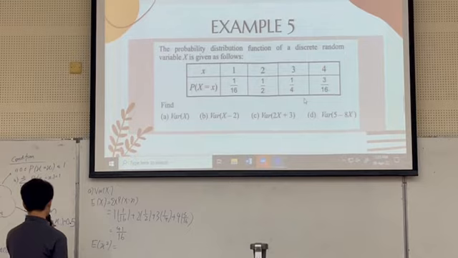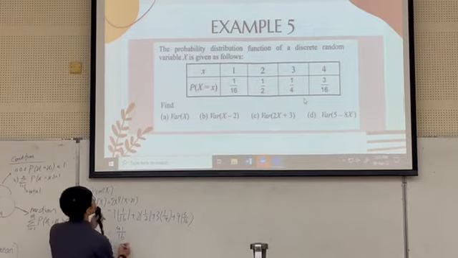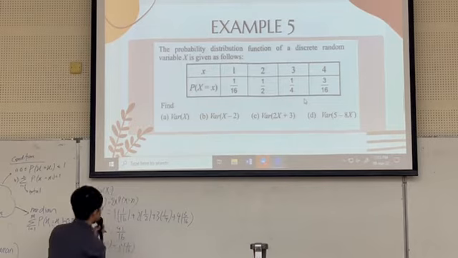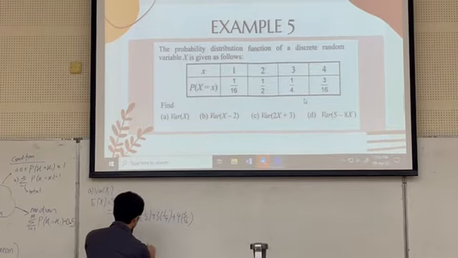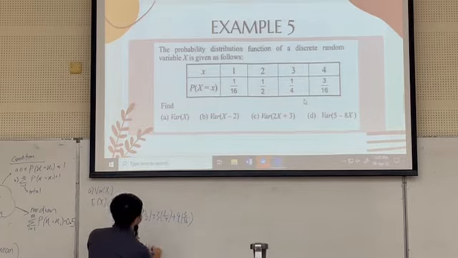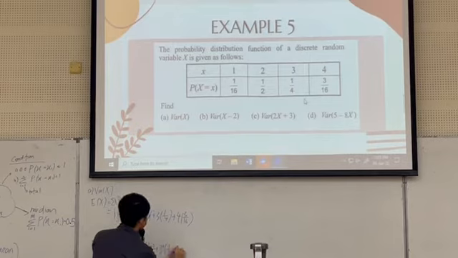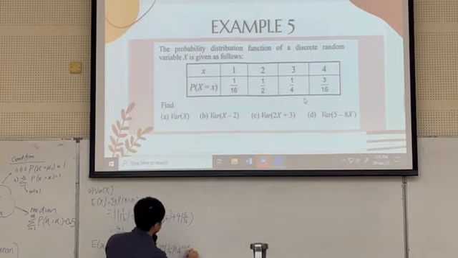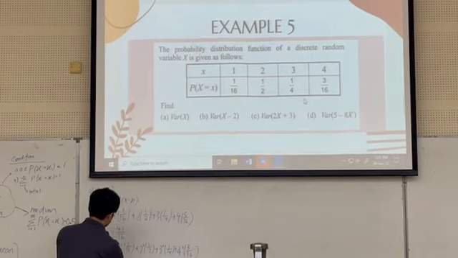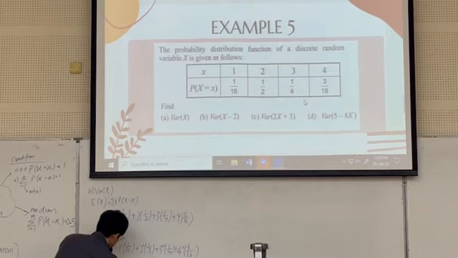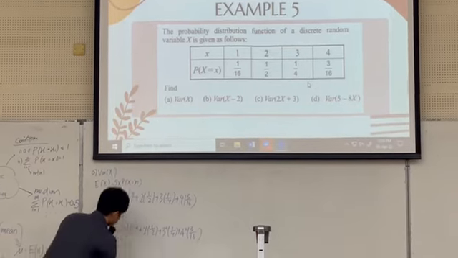And also to find the variance, we need the expectation of x squared. It's the same as the previous question. We need to square the x first and multiply by the probability. Also press the calculator to get the answer equal to 116 over 16.